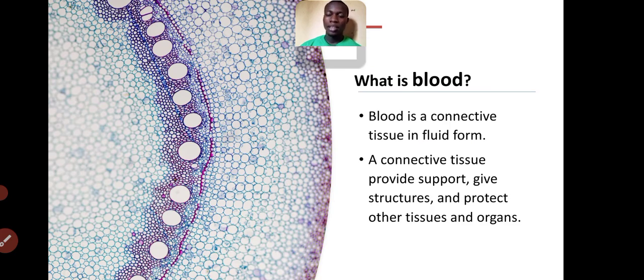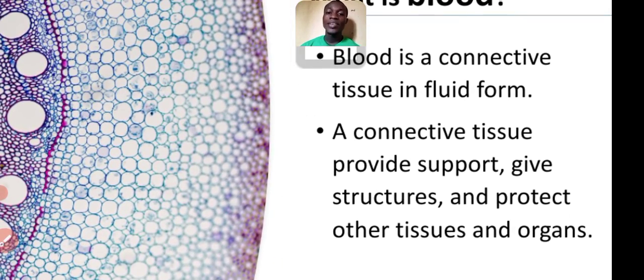What is blood? Blood is a connective tissue in fluid form. A connective tissue in fluid form. Those are our key words there. Now, a connective tissue is a tissue that provides support, gives structure, and protects other tissues and organs.